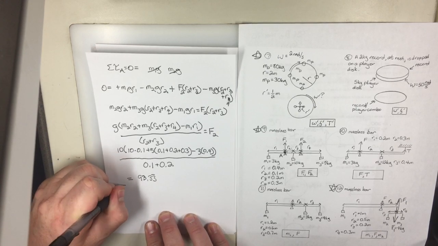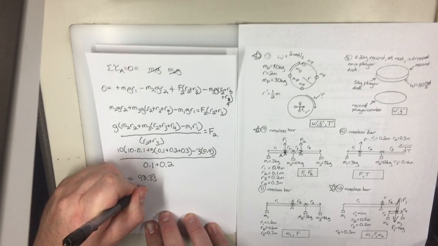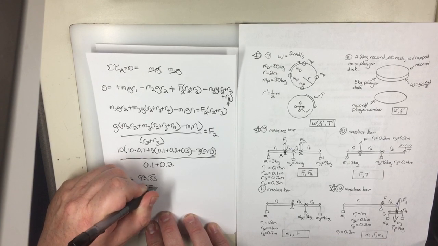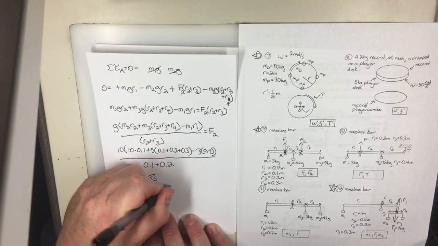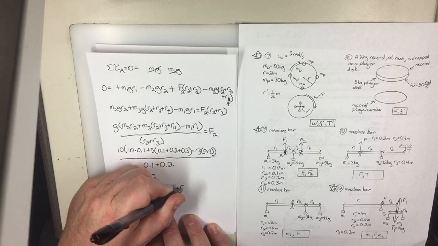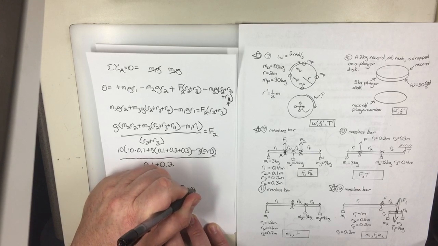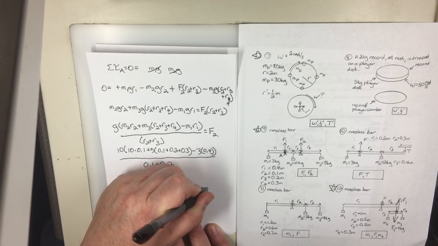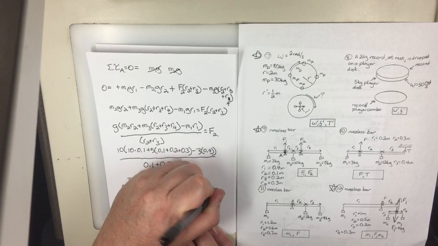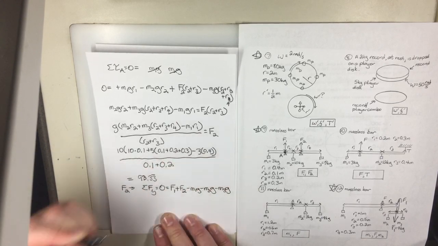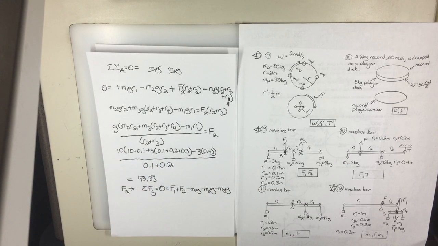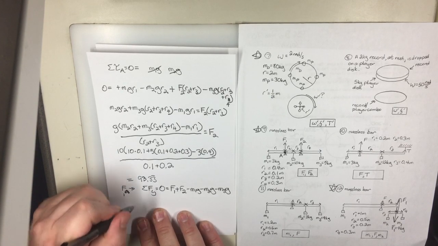F1, we know that the sum of the forces in Y is equal to 0. That gives you F1 plus F2 minus M1G minus M2G minus M3G. We've got F2, now we'll get F1.